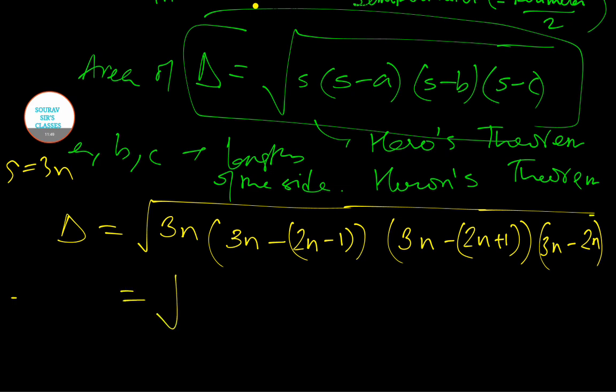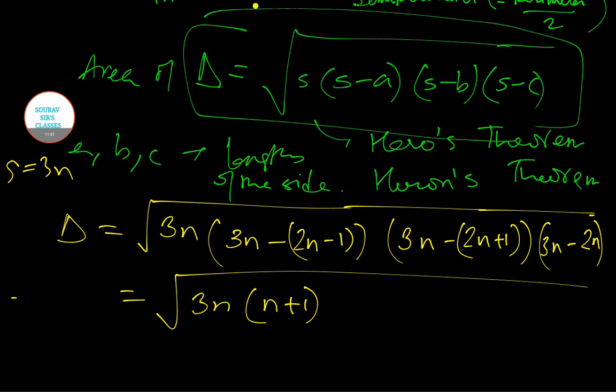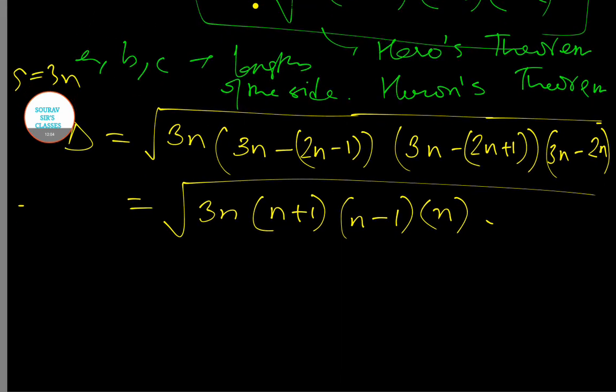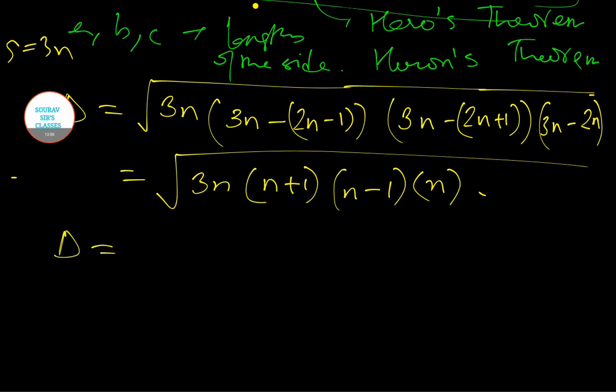So basically we have root over 3n into, this becomes n plus 1, this becomes n minus 1, and this becomes n. So what we have is delta equals root over 3n square into n square minus 1.